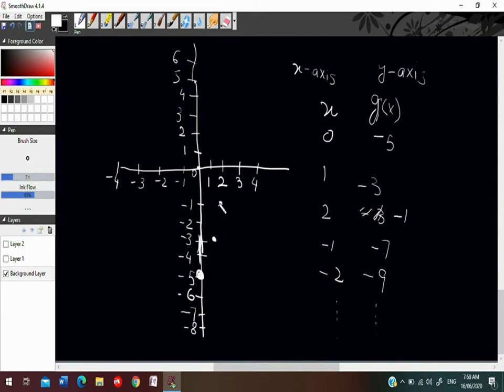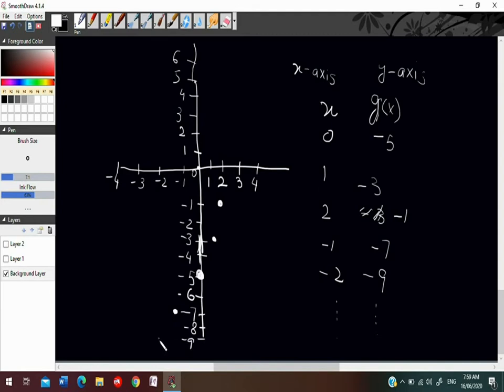And when x is minus 1, we have g of x is minus 7. Here is the value. And when x is minus 2, g of x is minus 9.